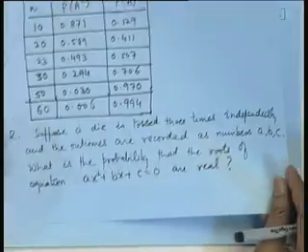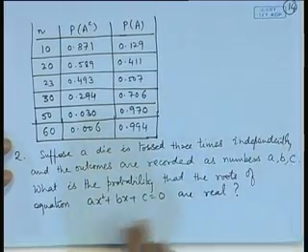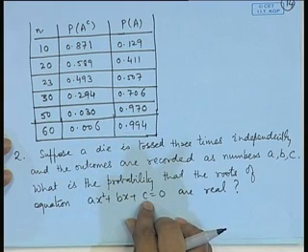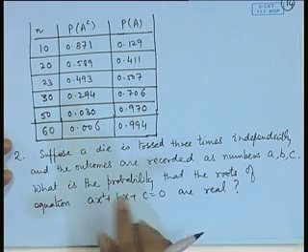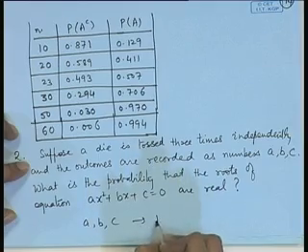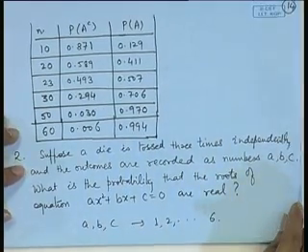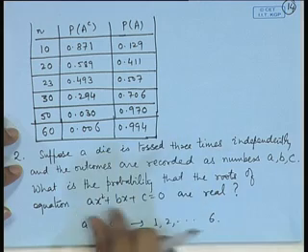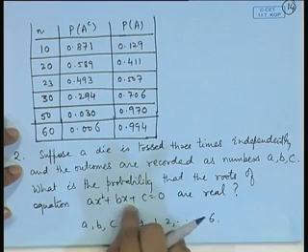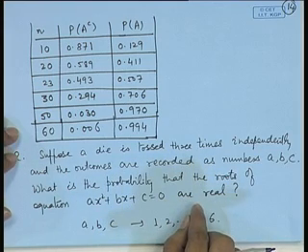Now, if we want to calculate this probability, here the outcomes A, B and C are random. Each of the values of A, B and C can be numbers 1 up to 6. Therefore, the quadratic equation ax square plus bx plus c equal to 0 will have real roots if b square minus 4ac is non-negative.